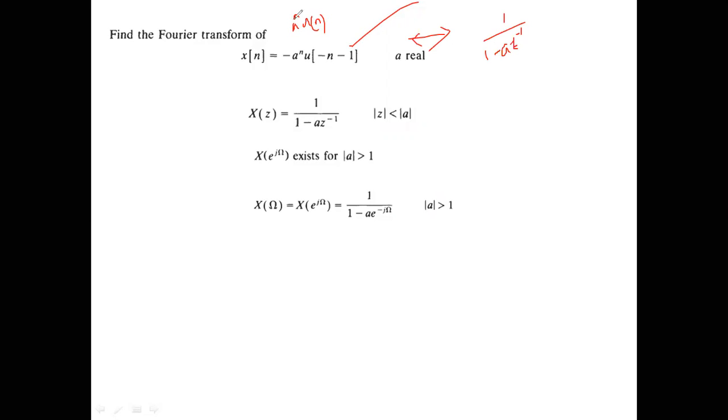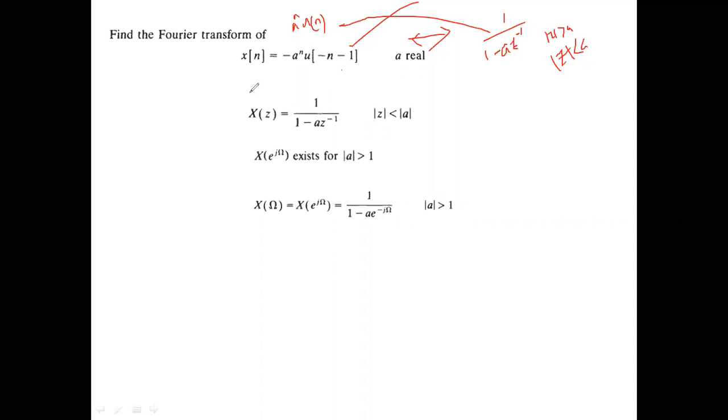Now the question is a to the power n into u of n. Here, if the ROC magnitude z is greater than a, then we will conclude that this is right sided. And if magnitude z was less than a, we will consider it as left sided.